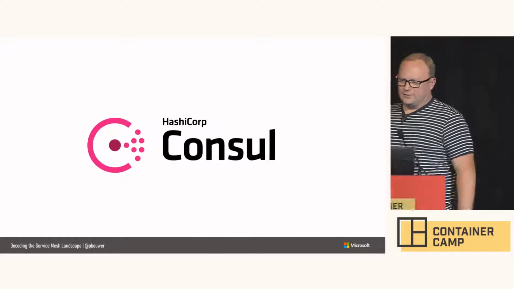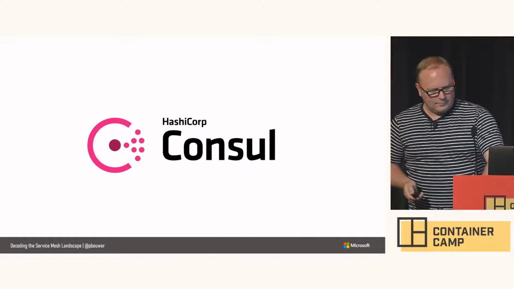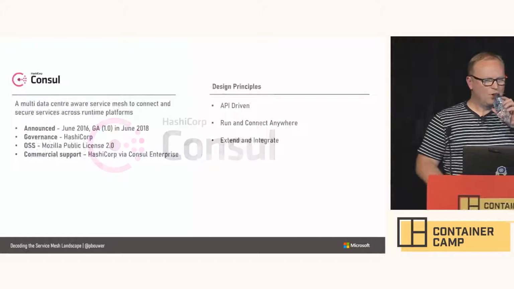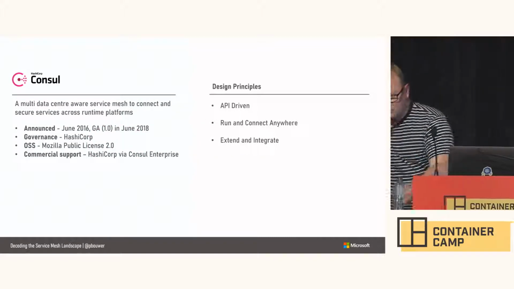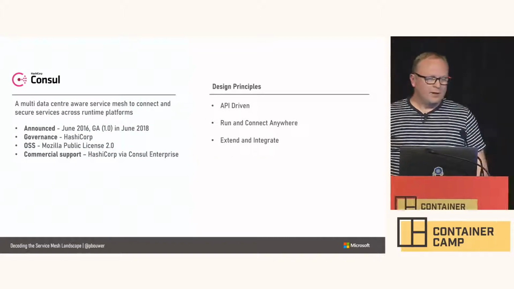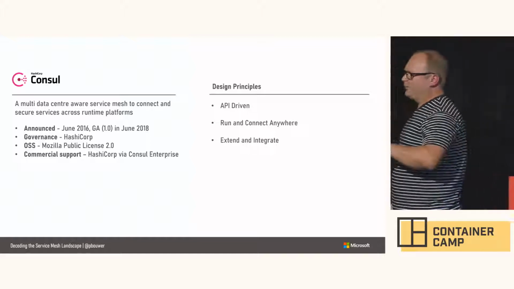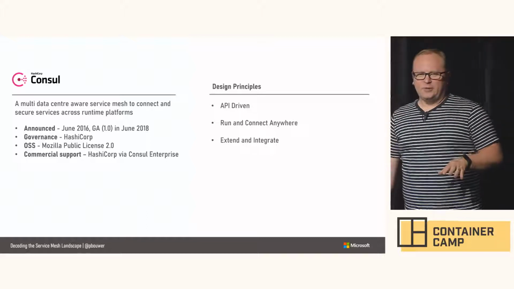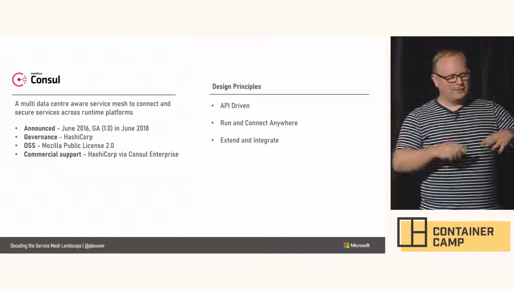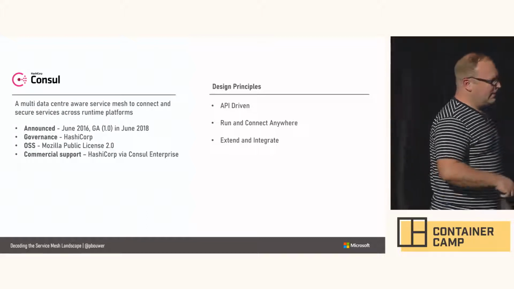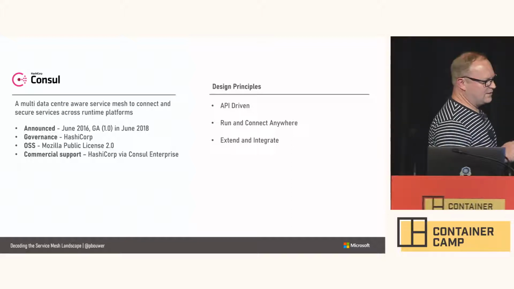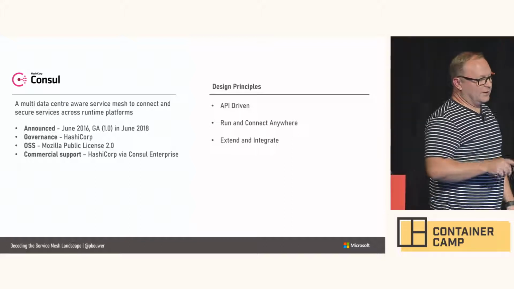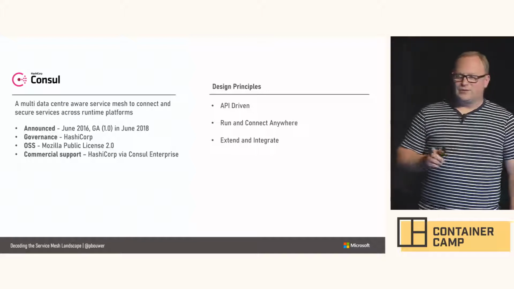Let's have a look at Consul now. So Consul came from a world that wasn't service meshes. And this is very apparent when you try and use it for the first time in the service mesh context. So it's a multi-data center service mesh that connects and secures services across runtime platforms.